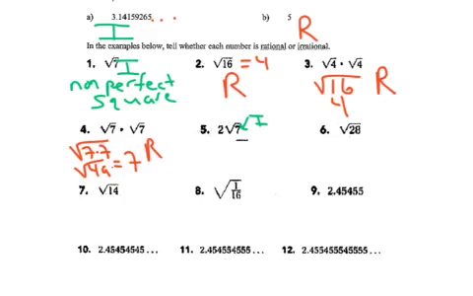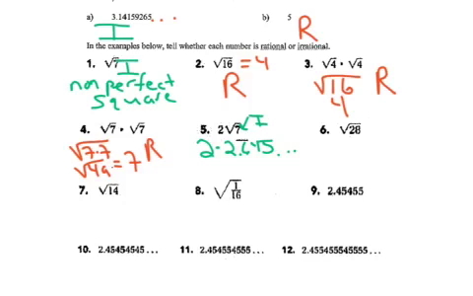Even if you take any number like this, so if I take 2 times the square root of 7, I would have 2 times 2.645... It's going on forever and it's not repeating. So even if I'm taking 2 multiplied by an irrational number, I would still get an irrational number.